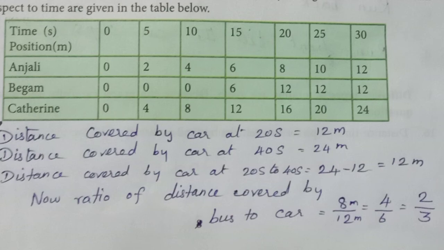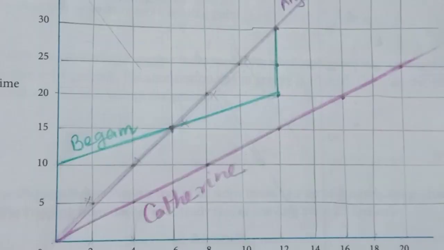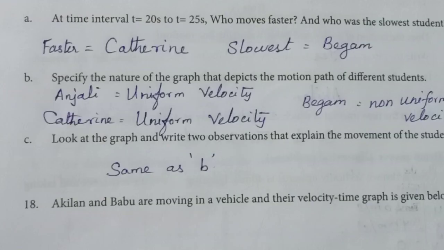17. The position time graph of three students, namely Anjali, Begum and Catherine, with respect to time is given in the table below. See the graph. A. At time interval t is equal to 20 seconds to t is equal to 25 seconds, who moves faster and who was the slowest student? Faster is Catherine and slowest is Begum.